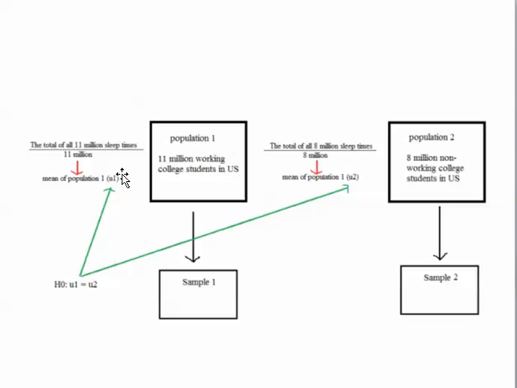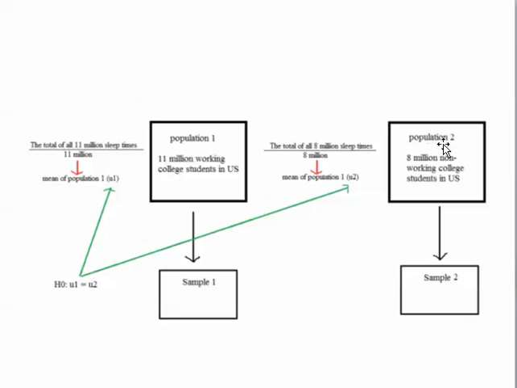And you can see how it would be very difficult for a researcher to actually calculate these two population means because, first, the researcher would have to actually collect data from all of these millions of people. In order to get the mean of population 1, the researcher would have to collect data from 11 million people.